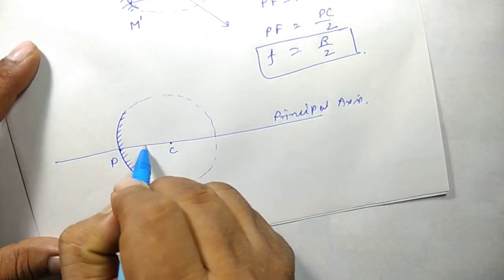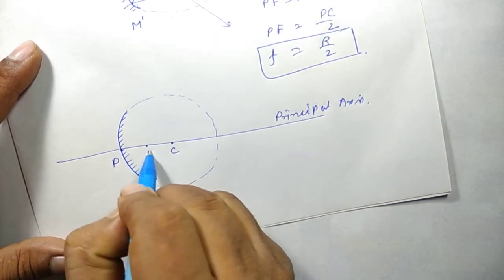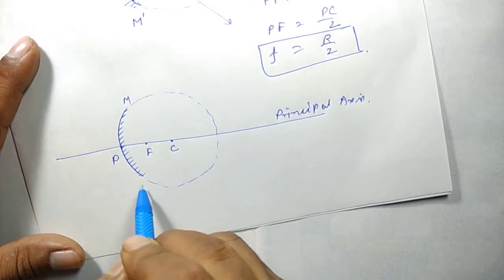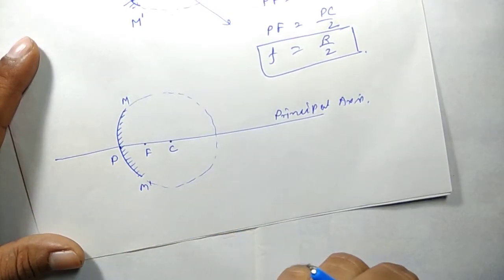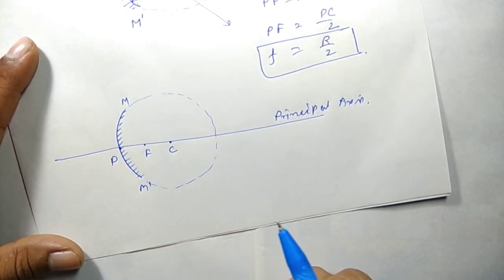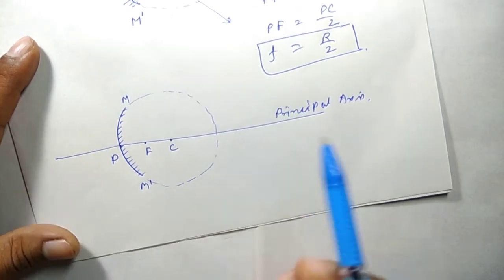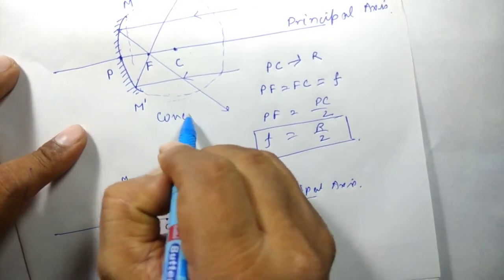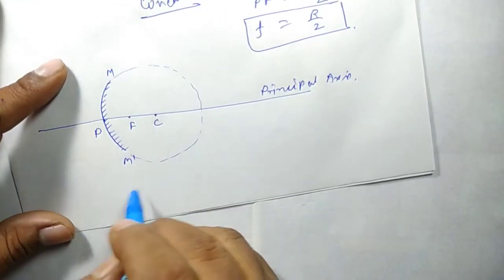Again, the midpoint between P and C is F, which is the focal point, and then MM prime is the aperture, PC is the radius of curvature, just like the concave mirror. So this is concave and this is convex.